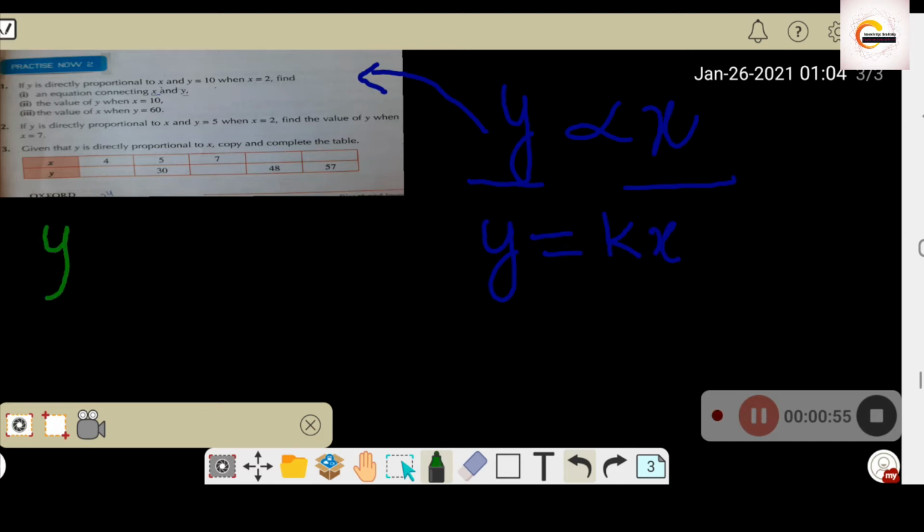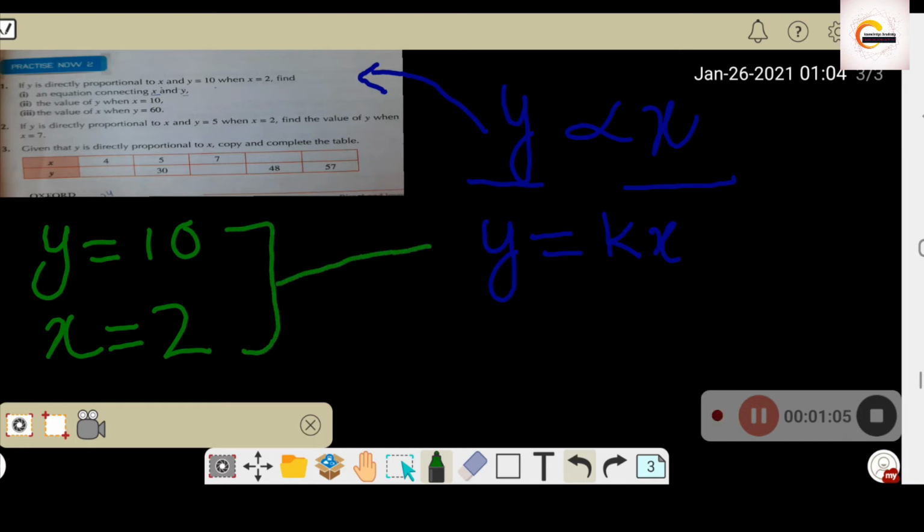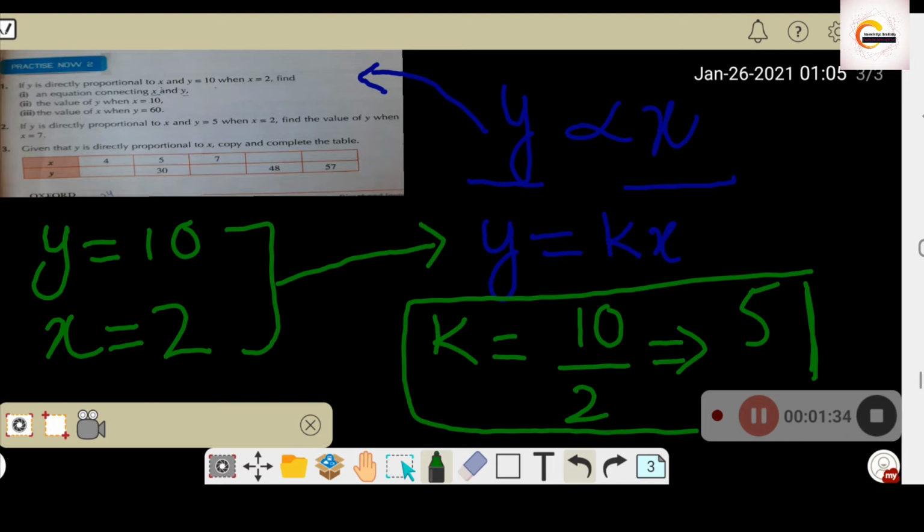The value of y was given as 10 and x is 2. So we must put these two values into our formula to find out the constant, that is 5. We can put this constant into the formula to get the equation which is connecting x and y.